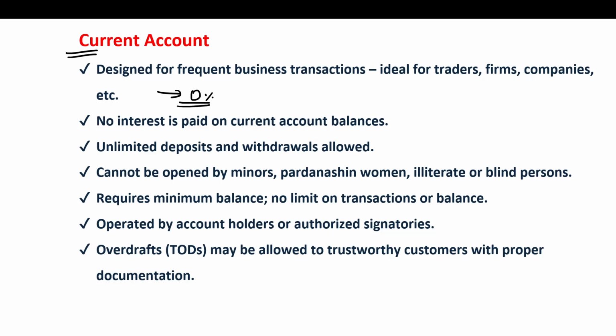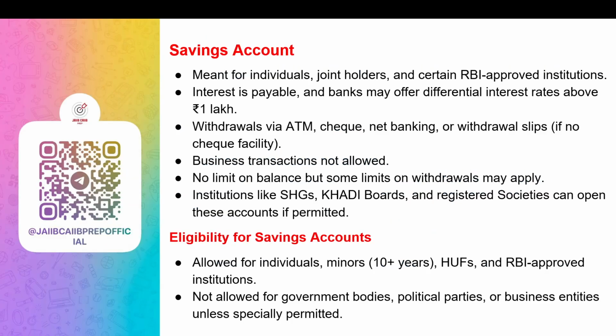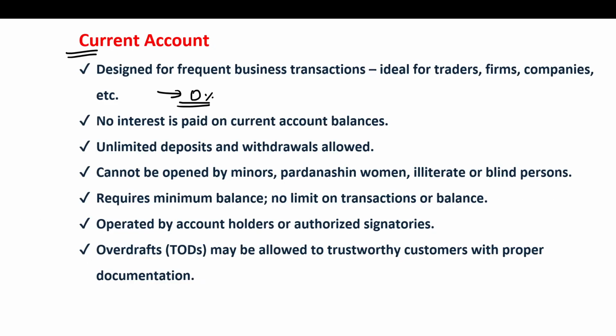Cheque, net banking, debit instructions like NACH, they can be used. Again, ATM withdrawals are allowed for all individuals, and bank can also deduct charges or interest if authorized by the company. So if a businessman needs to pay vendors daily and receive money from clients regularly, he should use a current account and not a savings account.